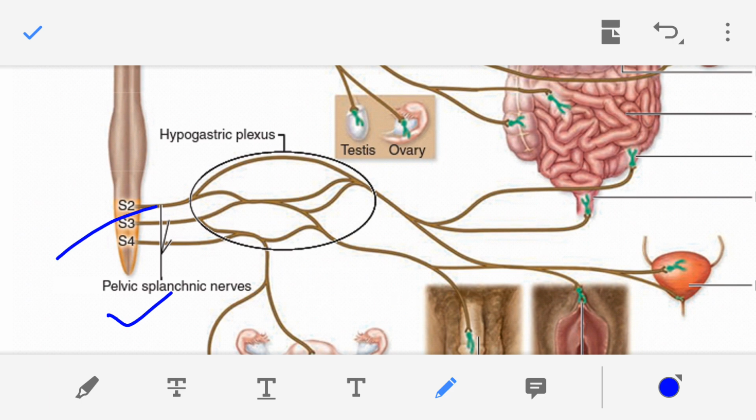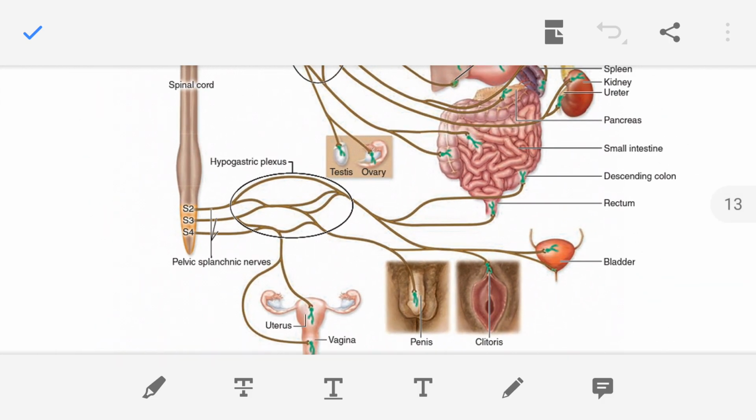This one is the inferior hypogastric plexus. So in other words, we can say the pelvic splanchnic nerves form the inferior hypogastric plexus.